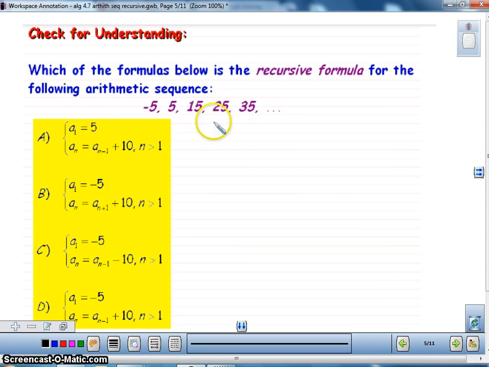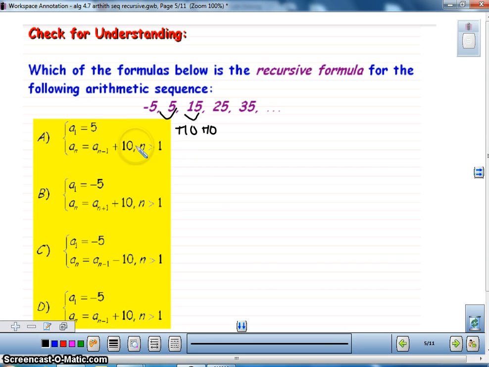We now want to take a look at the recursive formula for the following arithmetic sequence. Negative 5, 5, 15, 25, 35. Well, it looks like our common difference is that we are adding 10 each time. So we want to look through the ones that add 10.